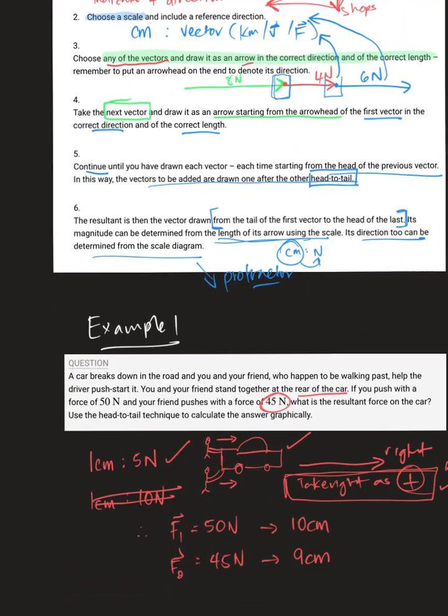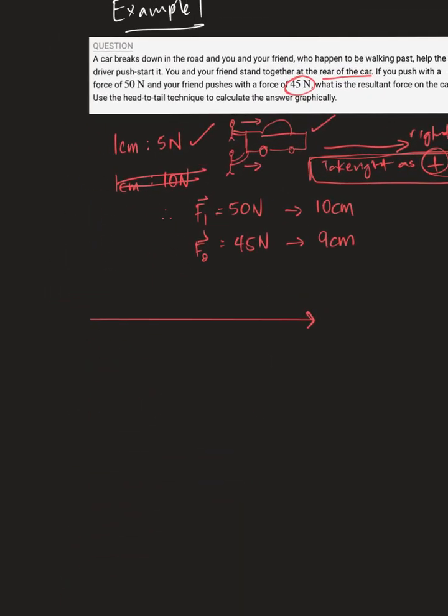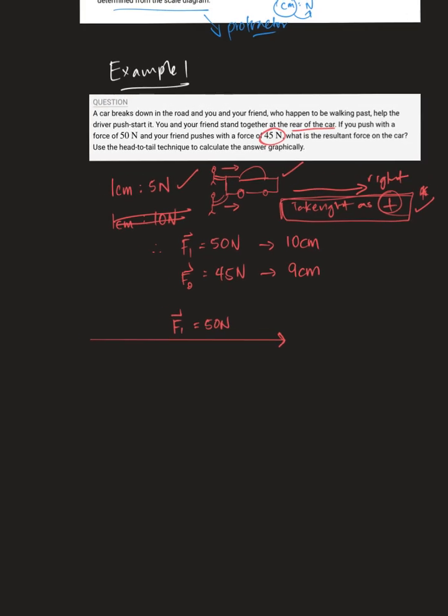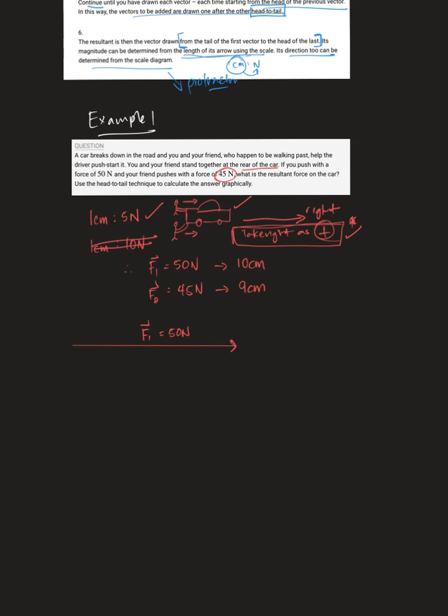The next thing it says there, the next vector. So when I've drawn this, I must label it as F1. F1 is equal to 50 newtons. Right, now I want to draw F2. Alright, so remember you're using a pencil, I'm using a color pen for this one.